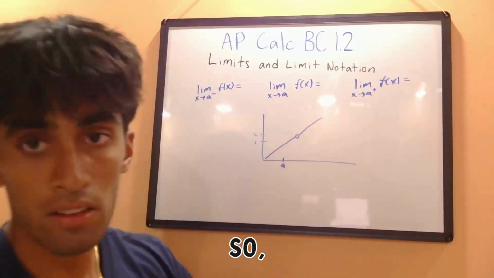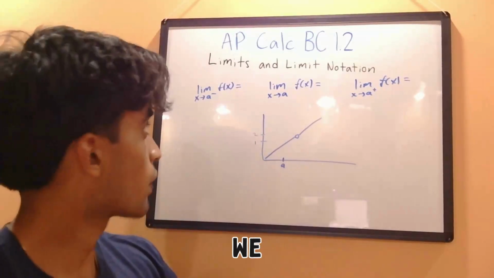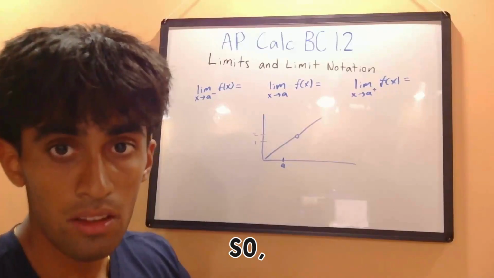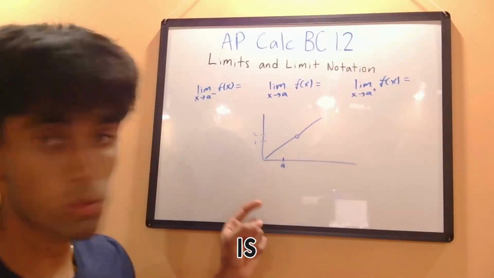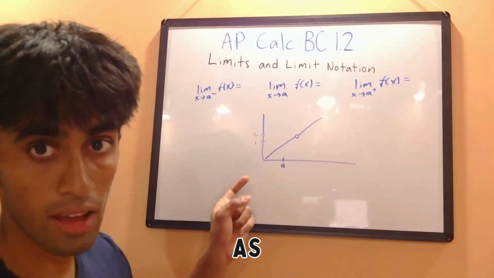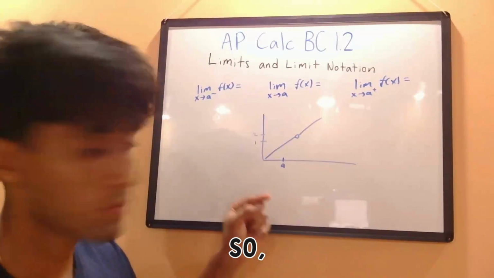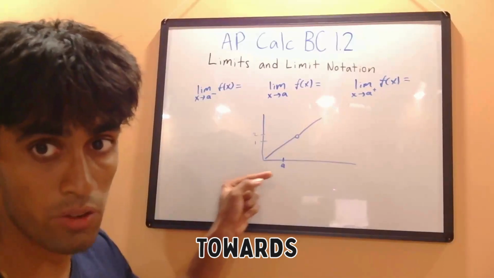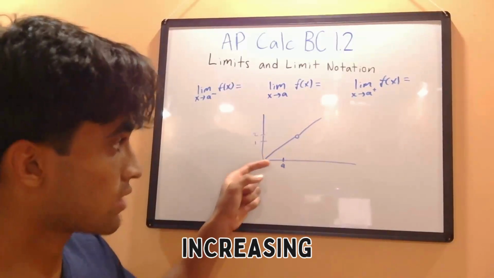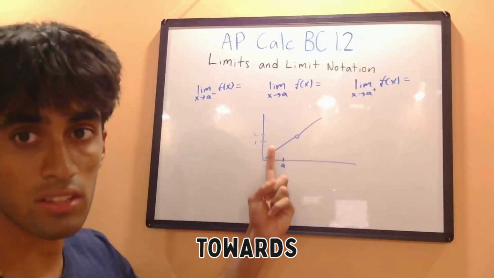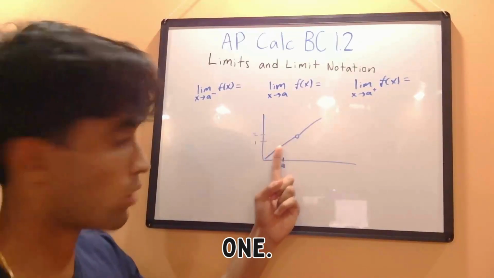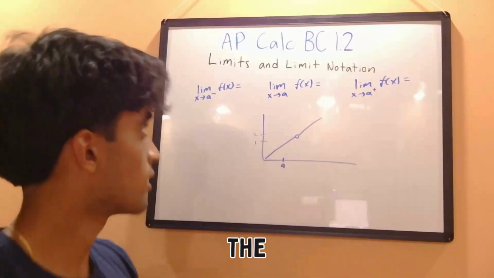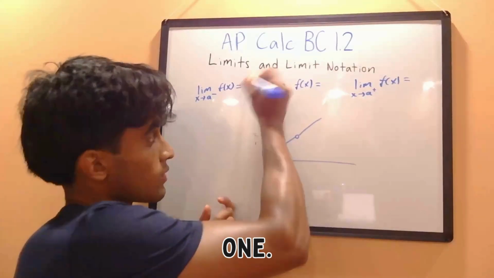Right here, how do we define the left-hand limit? Basically, we look at what the graph is doing as x approaches a from the left side. That means when x is increasing towards a, y is increasing towards about 1. So let's say that the left-hand limit equals 1.